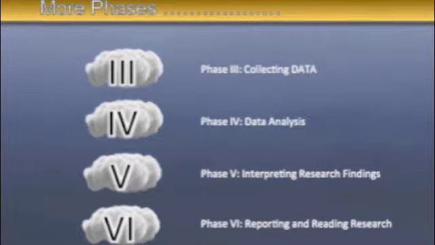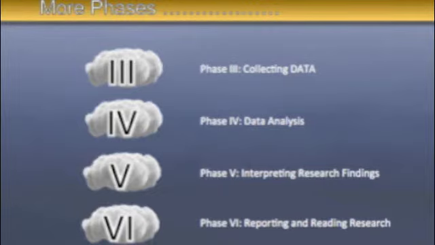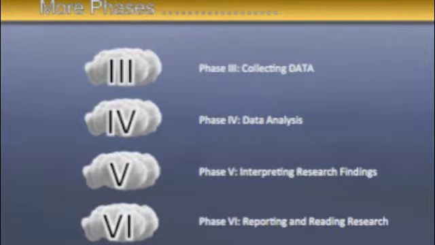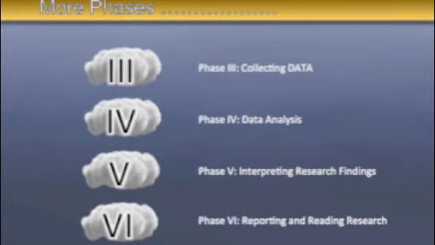Again, what are your findings? And then the 6th part would be reporting, and continuing to read research, but really reporting it, because others have to see what you're finding so that they can repeat those studies to make it more valid, or apply them to their practice if they find, wow, look at all these studies that show that more patients' blood pressure rises when they come to see the doctor because they are anxious.